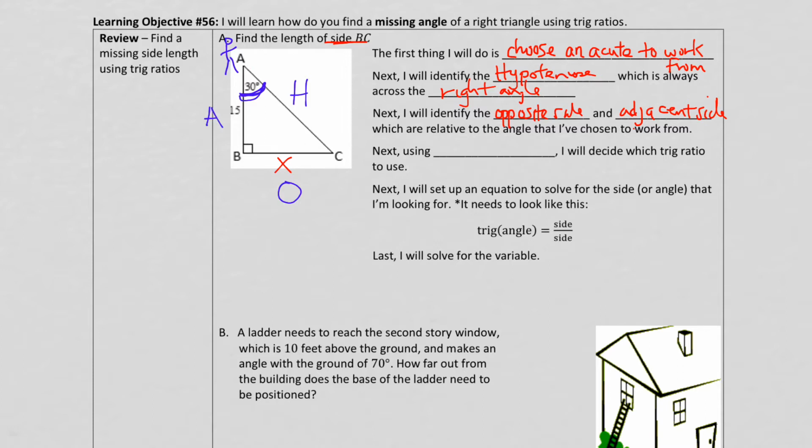Once we've identified all of our sides relative to our angle, next we're going to use SOHCAHTOA to help us decide which trig ratio we want to use. The way that I do that is if I look at my triangle, notice how I'm looking for this side here, which I'm going to call x.